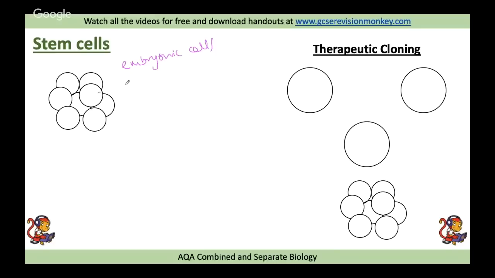Now, the trouble with stem cells is they don't contain your DNA if they're taken from a random embryo, and perhaps that will be rejected by your body. So this is the next stage up, really, that scientists and doctors are looking at the moment, and that's therapeutic cloning. That's when you take an egg cell donated by a woman with her DNA in it, and you take her DNA out.